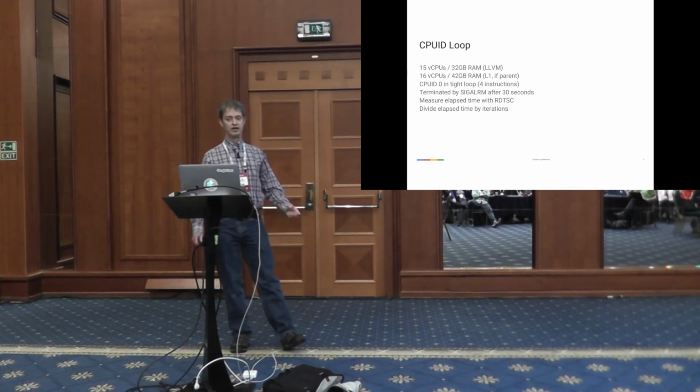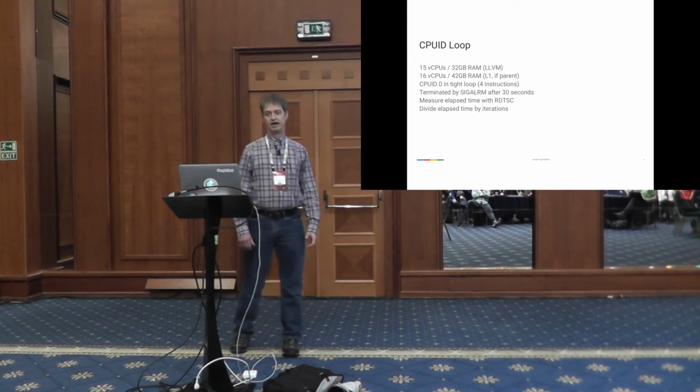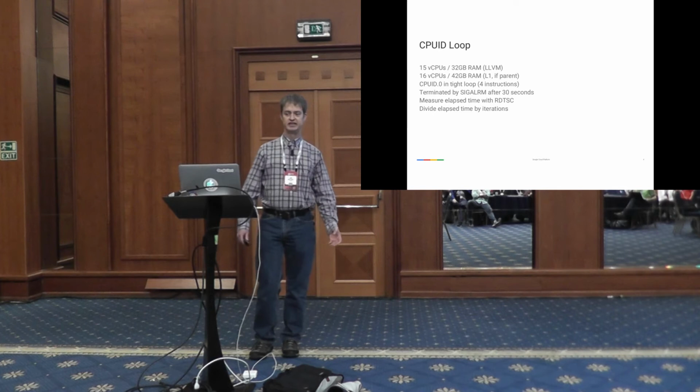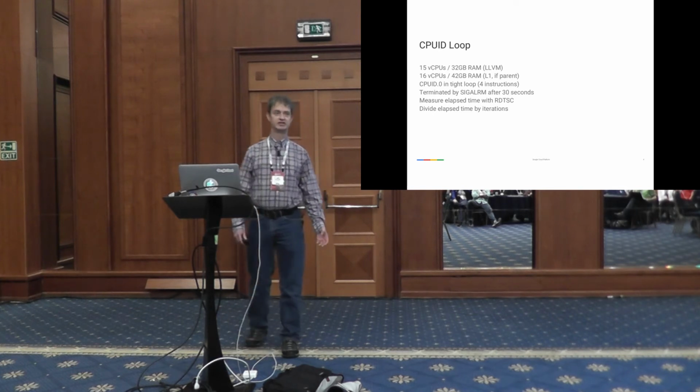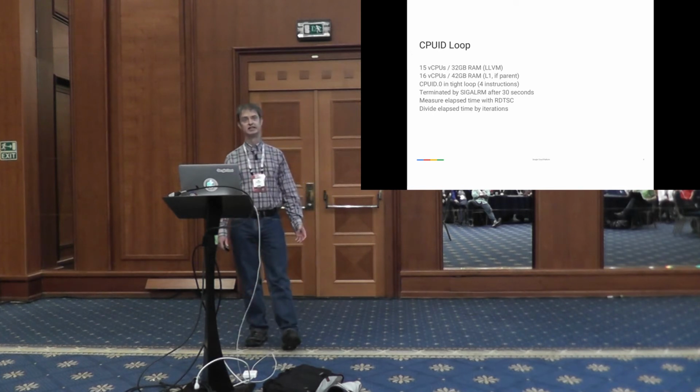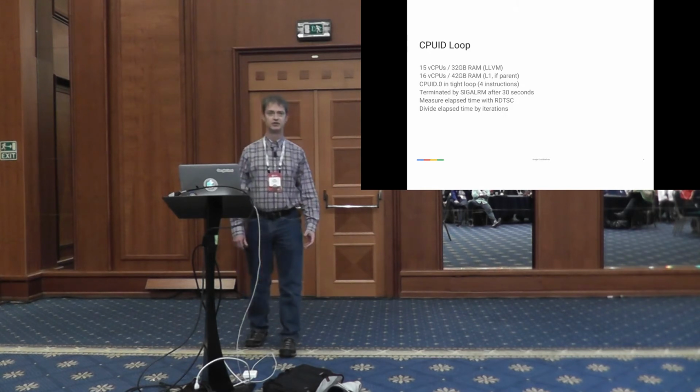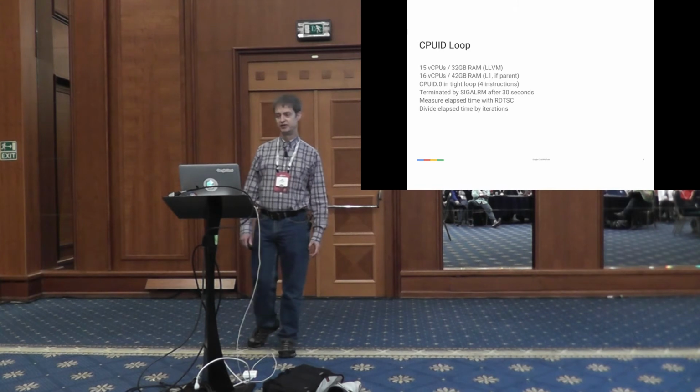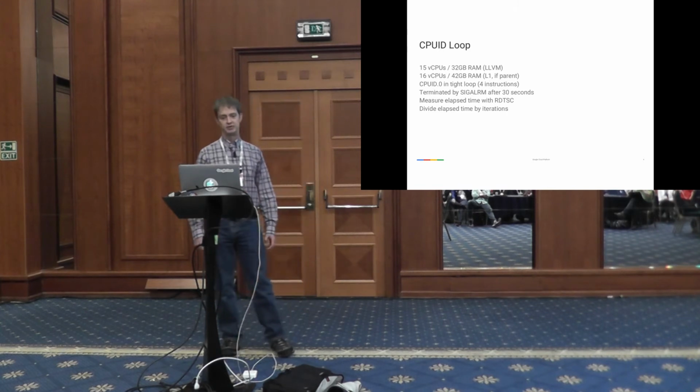So if I am running an L2 VM, then the parent has to be a little bit bigger so that there's no contention for resources. You might wonder, why did I use 15 vCPUs and 32 gigabytes of RAM to do this CPUID test? Well, you'll see I used the same thing for some other benchmarks later on, and it was just easier to have one configuration. So how do you think we do on the CPUID loop?